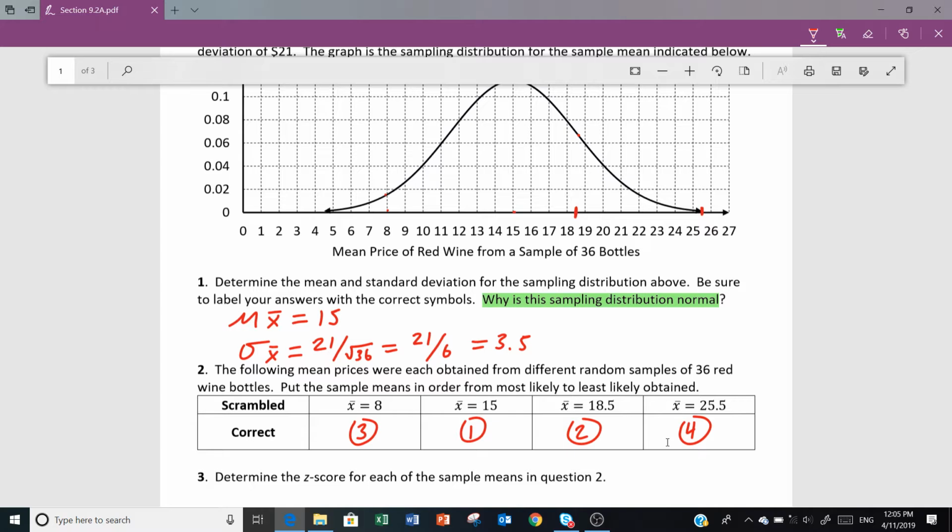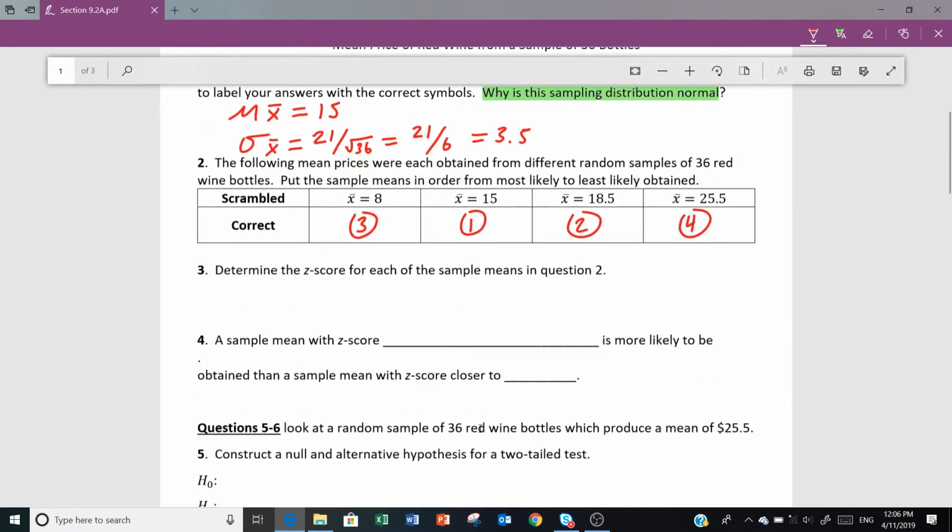Why is it one standard deviation? What do we add from 15 to 18.5? 3.5, so the z-score is 1, because you added one standard deviation to go from 15 to 18.5. In fact, I'm going to do it the logical way. I'm not going to do it the other way.